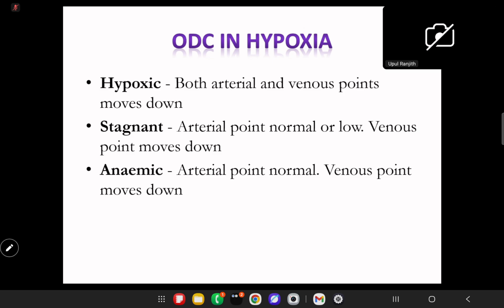So in anemia your oxygen flux is reduced, but you are trying to extract the same amount of oxygen required for tissue metabolism. Therefore the arterial point is normal and the venous point is shifted downwards.